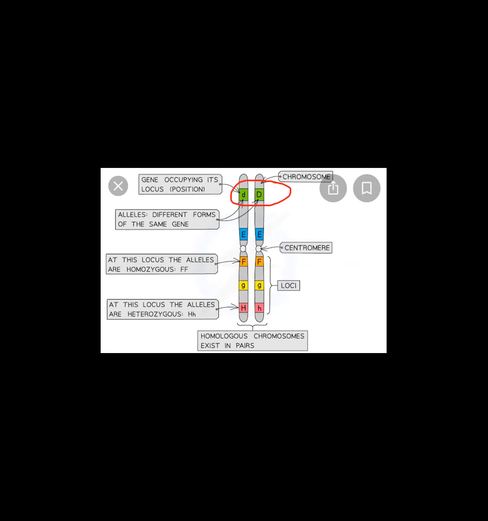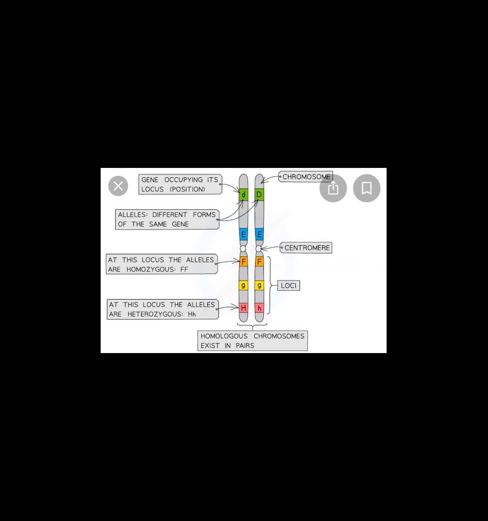Here two genes are different. This is called the heterozygous state. So by this structure, we know that we have a specific location for each pair of genes, called loci, and we have homologous genes and heterozygous genes.